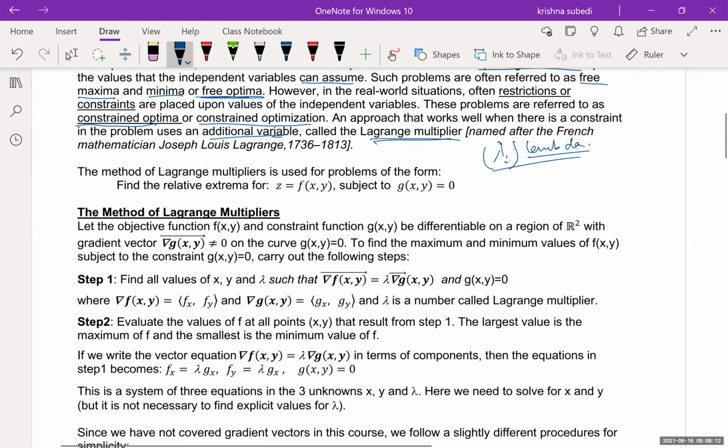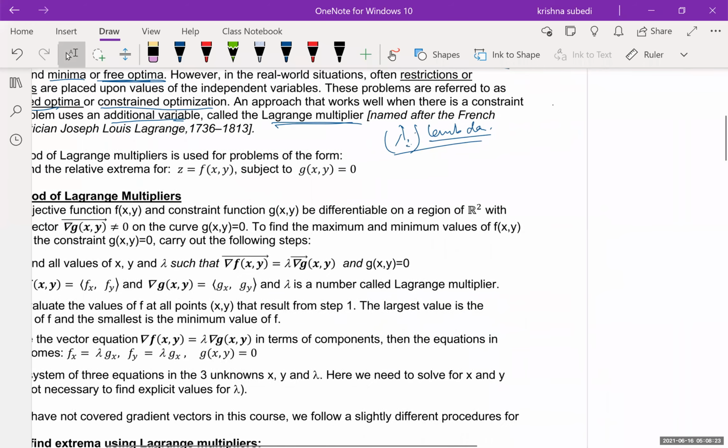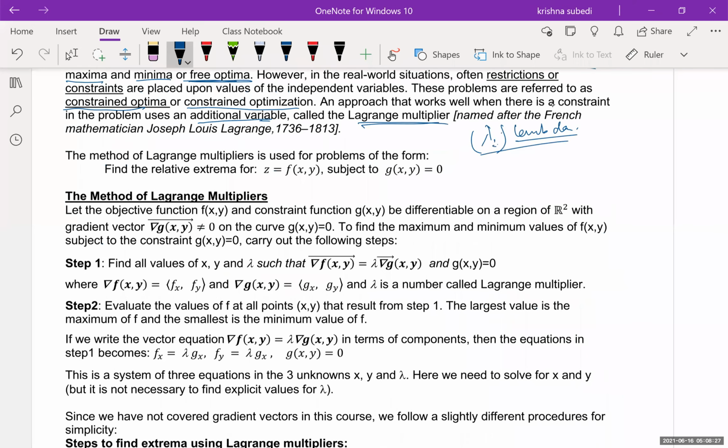And there are basically two methods for Lagrange multiplier. For one method, first of all, suppose we're given a function f(x, y). It's an objective function, I call it. We have an objective function, a function that we want to maximize or minimize.